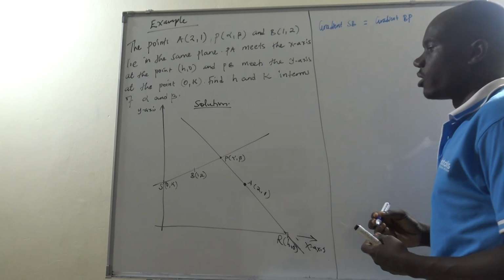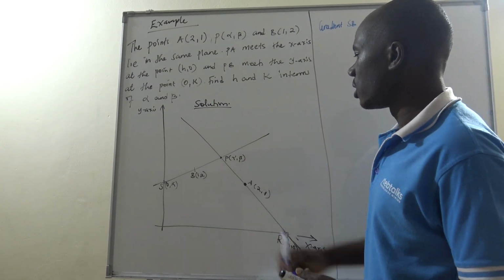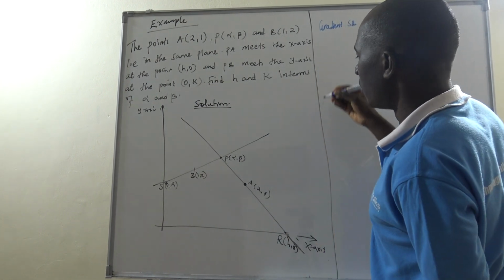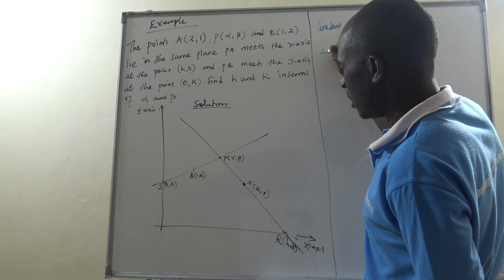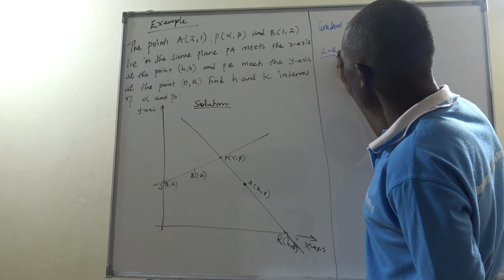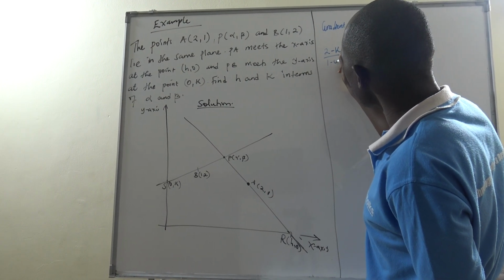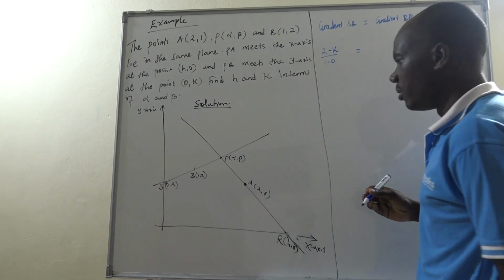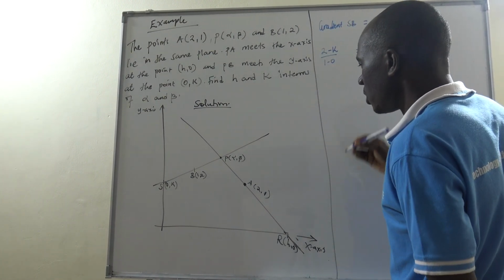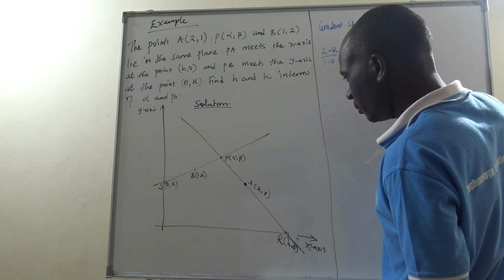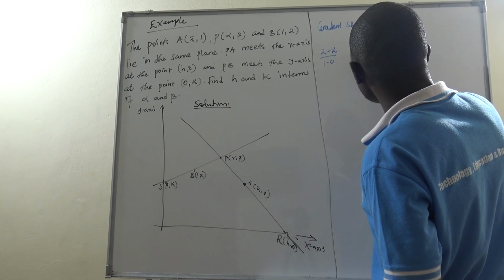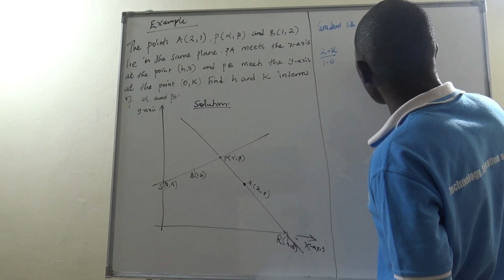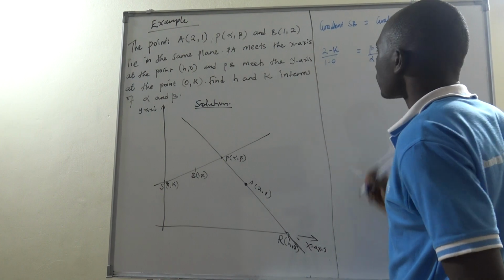We said gradient is change in y over change in x. So the gradient of SB is 2 minus k all over 1 minus 0, which is equal to the gradient of BP, which is beta minus 2 all over alpha minus 1.